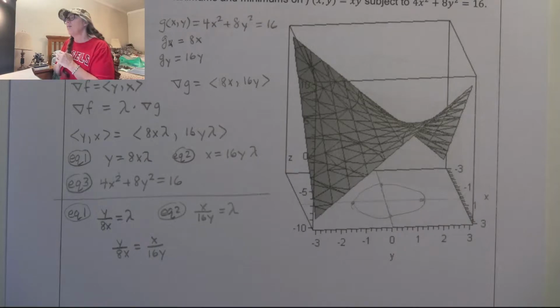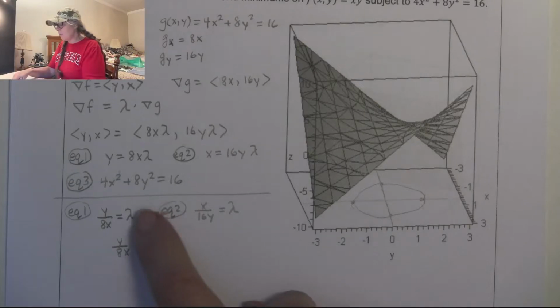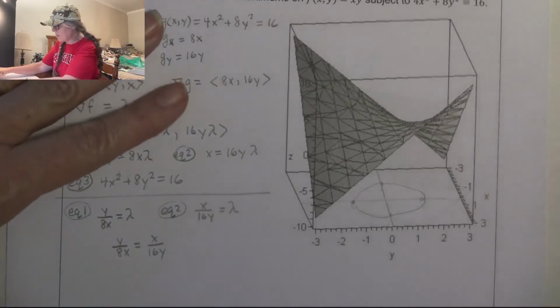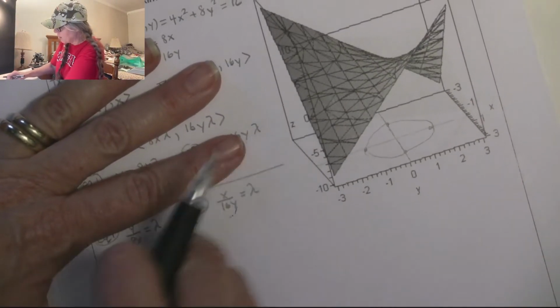Now, one thing I want to make sure everyone realizes, before we go on and start cross multiplying, because we have things in the denominator and we want to be careful: what if lambda was 0? I'll write that out right here so you know I thought about it.